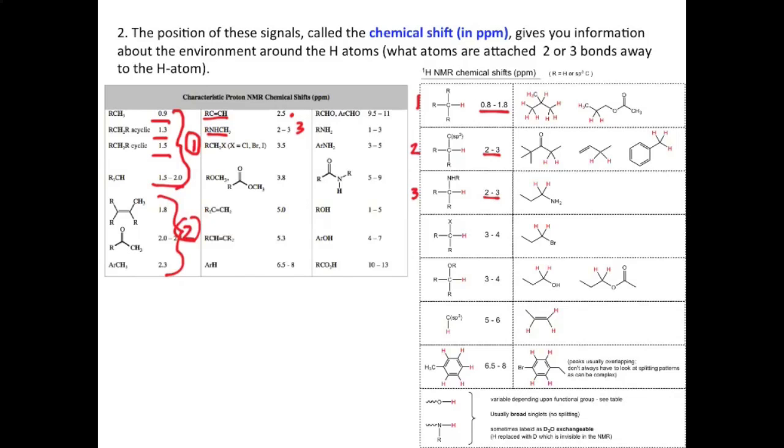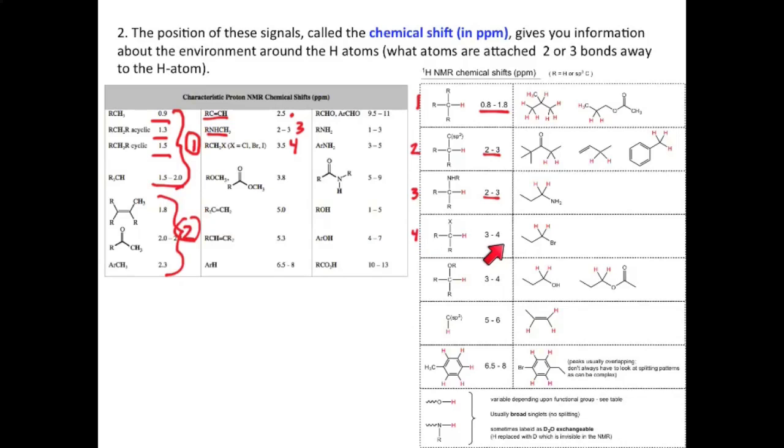As we continue on, looking at the generic table, next we see H to carbon to halogen, Cl, Br, or I. The table here lists 3.5, and that's the next row in my table here. Generally what we find, this value of 3.5 is a little too specific.